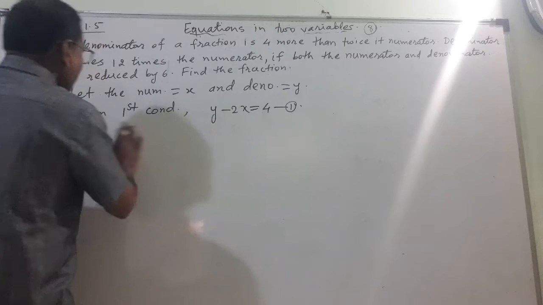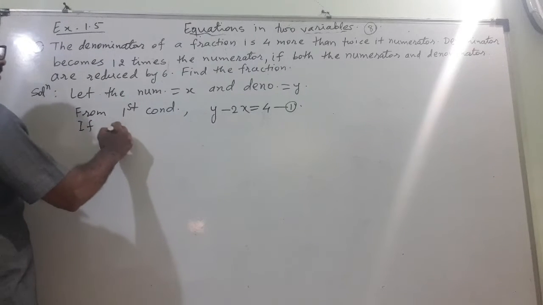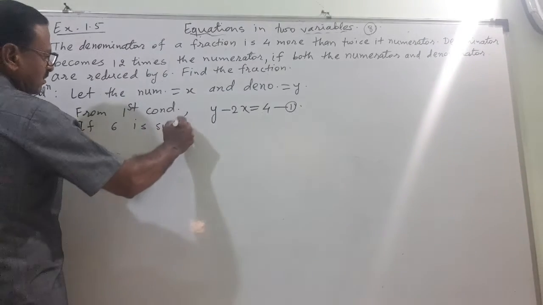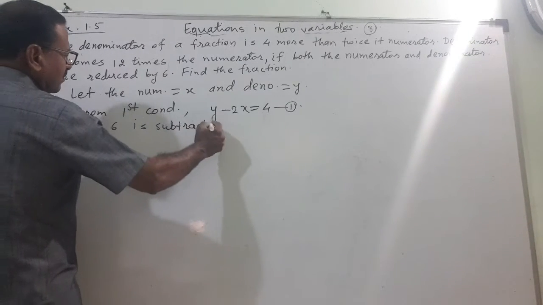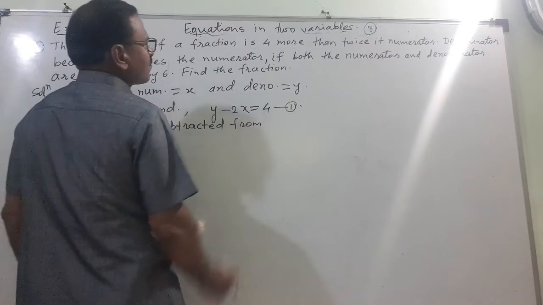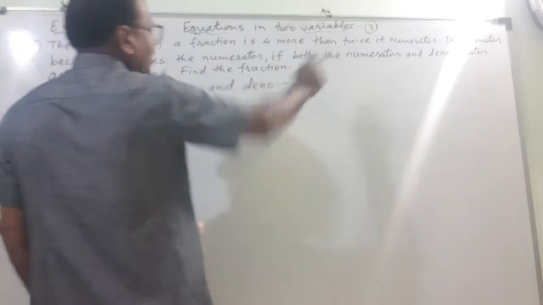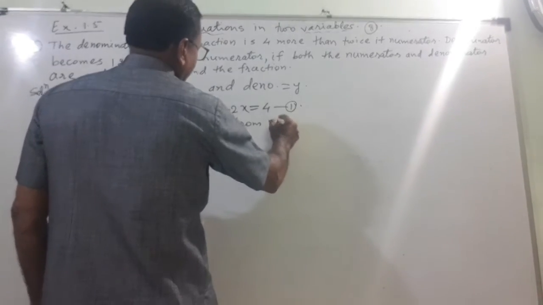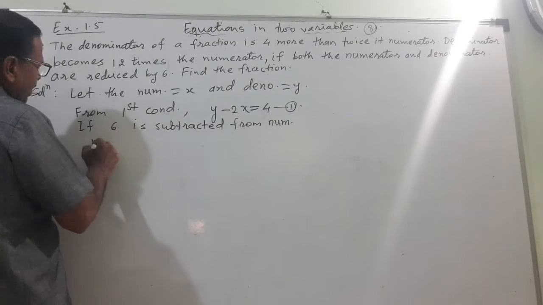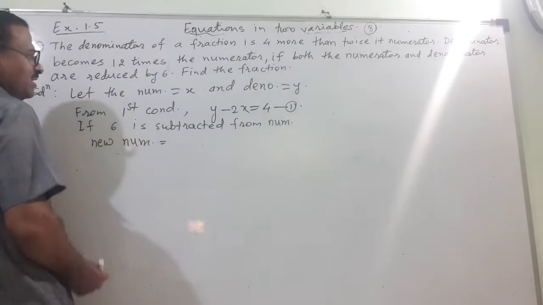So what I will do is, if 6 is subtracted from both numerator and denominator, from numerator, new numerator equal to what is the numerator?